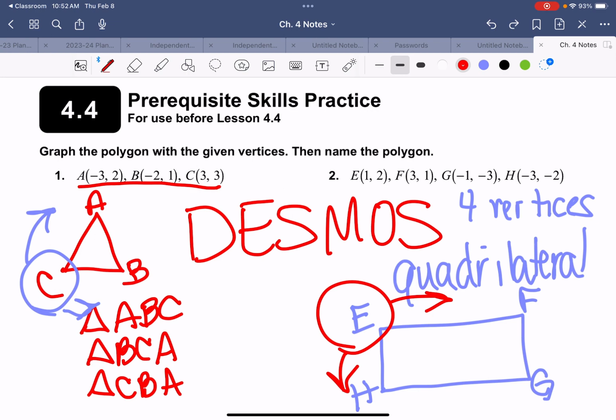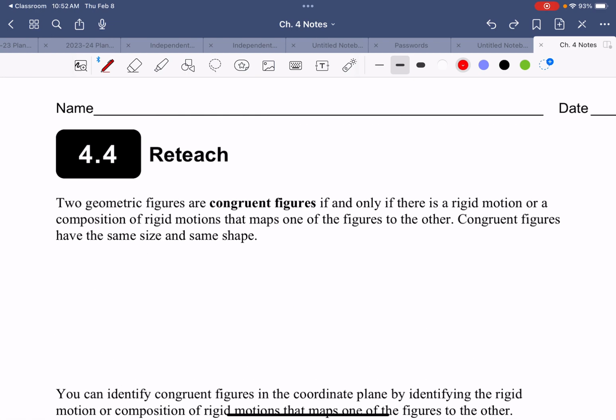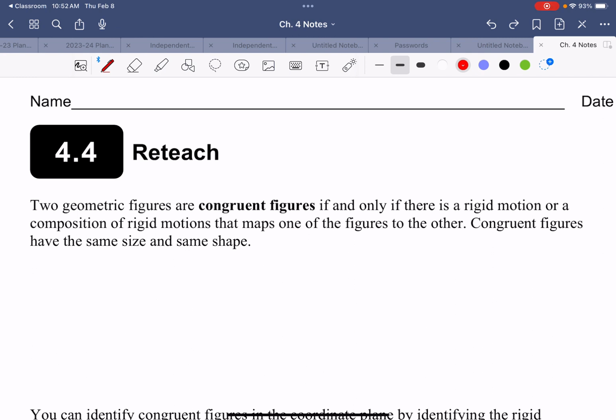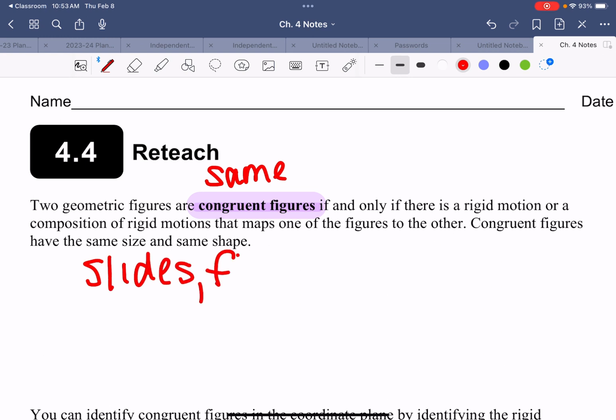All right, so let's go to the first thing we have here. This is not a new concept. Congruent. That word congruent there means they're twins. It means they are alike. It means they are the exact same figure. And so far, we've been talking about slides, flips, and rotations.